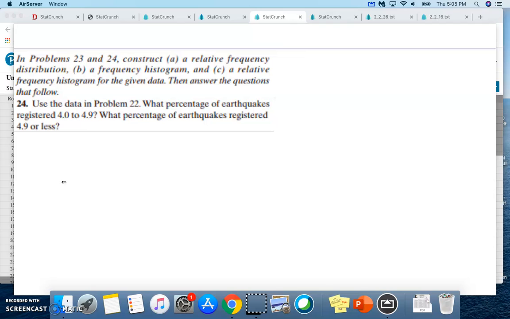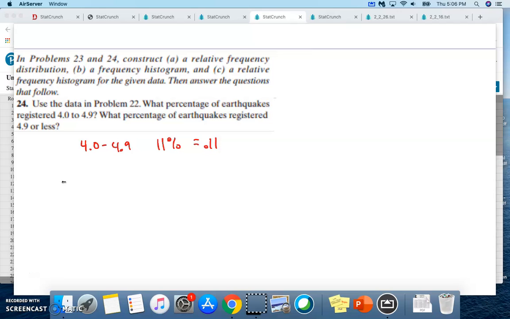So we did part A, part B, part C. And then from 4.0 to 4.9, that was 11% or 0.11. And then what percentage of the earthquakes registered 4.9 or less?